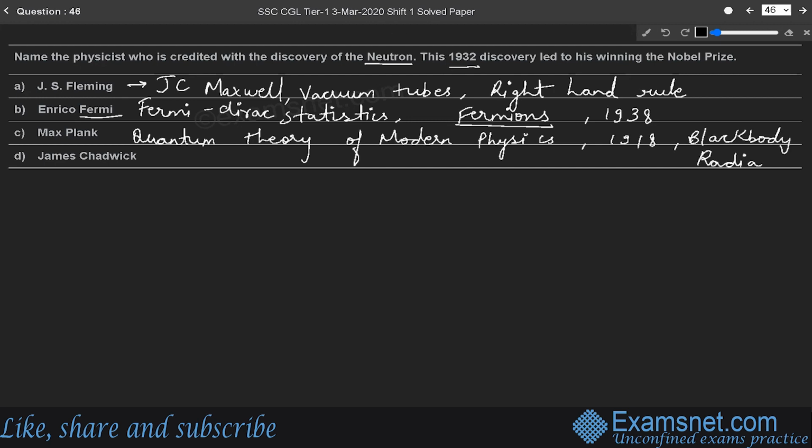Next option is James Chadwick. James Chadwick was a British physicist. He was the student of Ernest Rutherford. He was known for discovery of neutron.